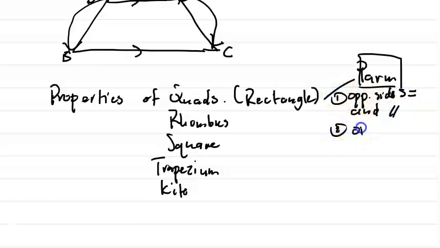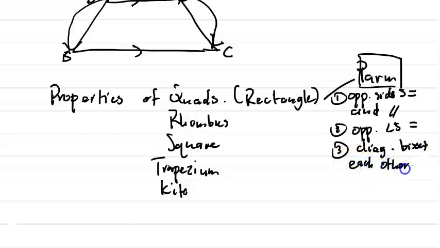The second one is where the opposite angles are equal. The third property that we should know is where the diagonals bisect each other. Also, we must know that a rhombus, a square and a rectangle have all the properties of a parallelogram.